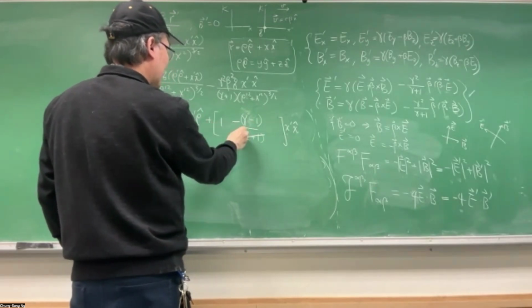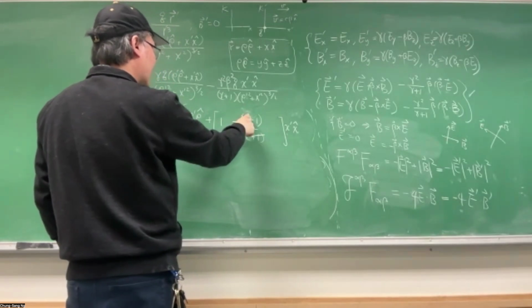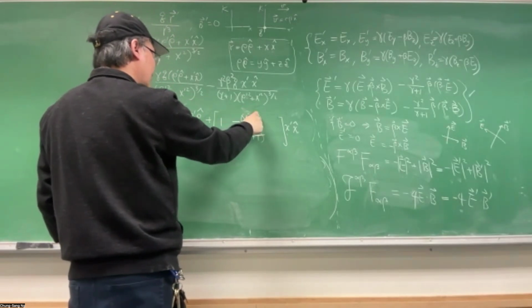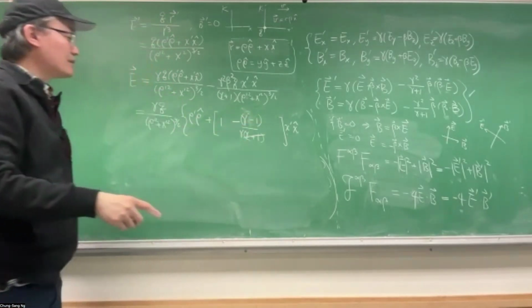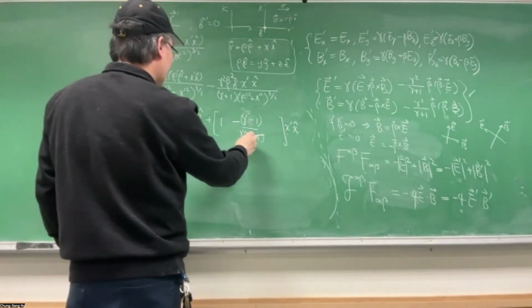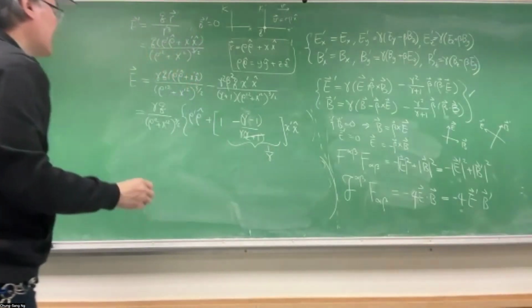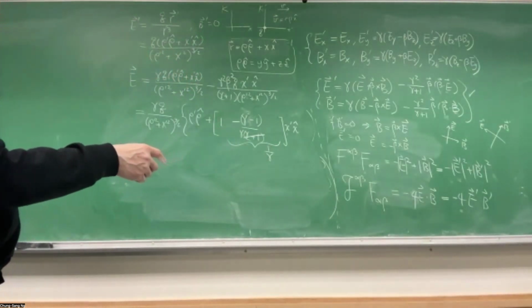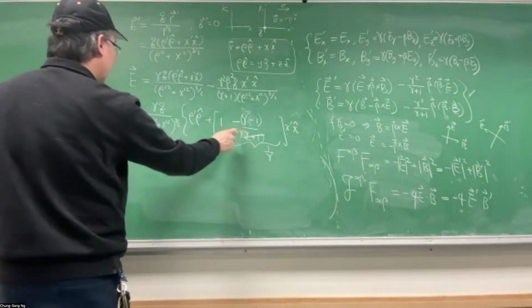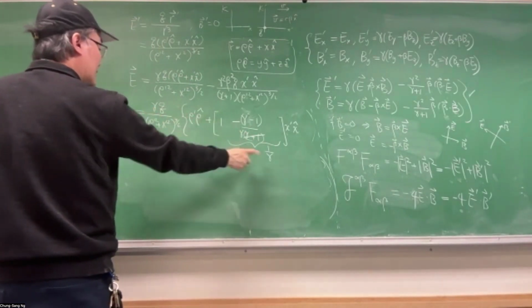You can do a common denominator first, or you can divide this. This becomes one minus one plus one over gamma. So this is just one over gamma. All right, so the whole thing is one over gamma. I think that's fine. You can multiply by gamma and cancel this one.